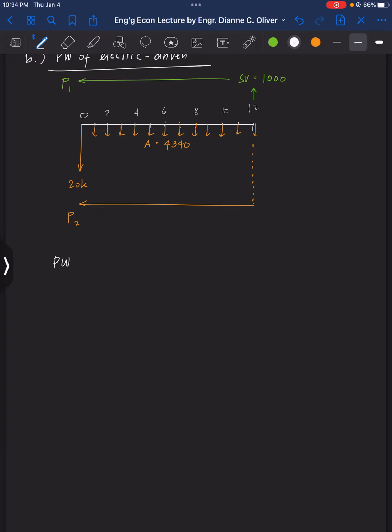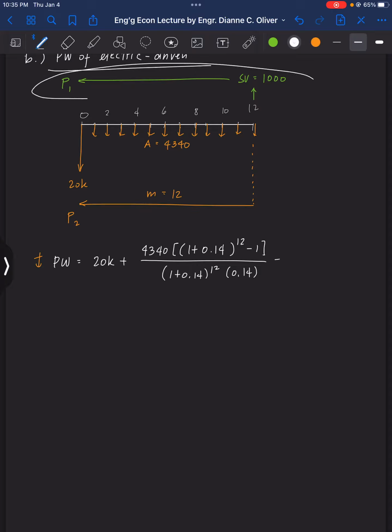So present worth, say positive costs, so 20K plus present worth of annuity 4,340 times (1 plus 0.14) raised to N minus 1, all over (1 plus 0.14) raised to N times 0.14.